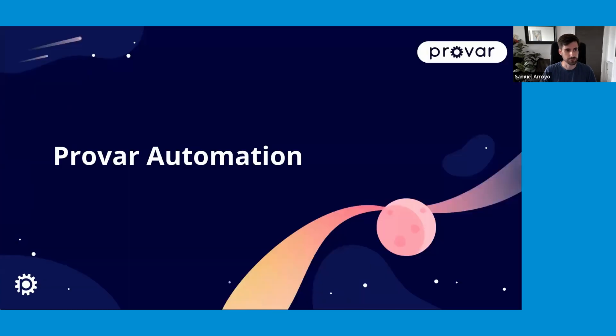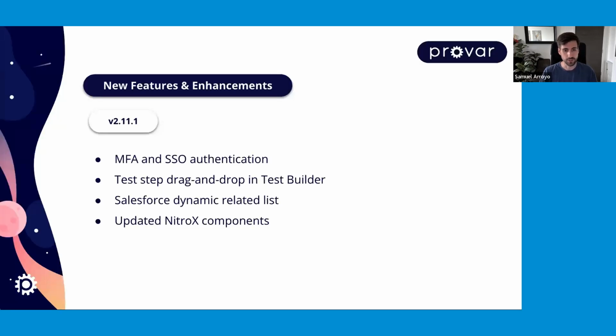And without further ado, let's jump into Provar Automation, which is our test automation tool. On this new version, I don't know if you've read the release notes. I know not everyone likes reading release notes, but here's the condensed version. We've added a new feature so that now you can connect to your UI apps that need SSO, so single sign-on, or multi-factor authentication.